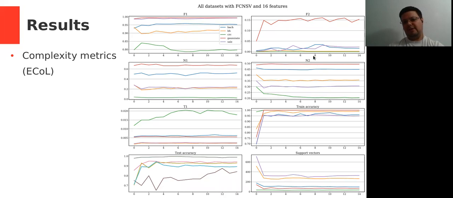And N2 is based on the Euclidean distance from instances of the same class and instances of the opposite class. So in the first steps of our training, we were already able to better separate the data.